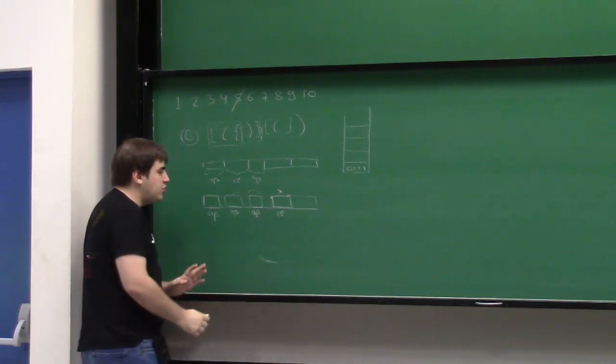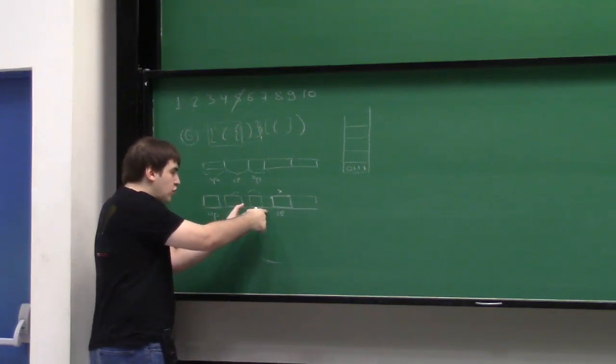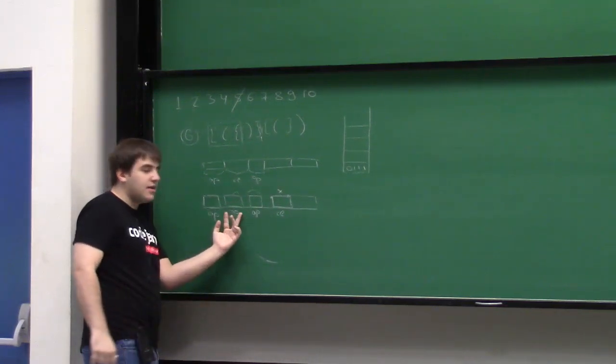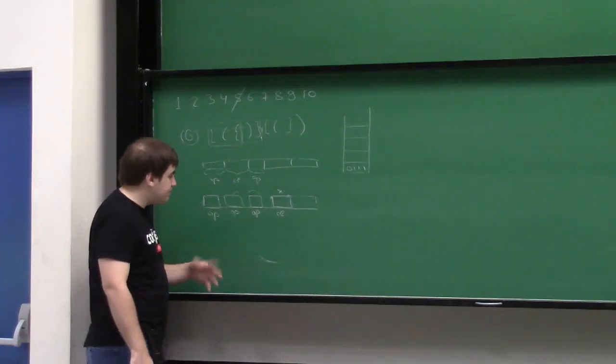So we are going to match this closing group with several full groups of brackets and one incomplete. How is it going to work?